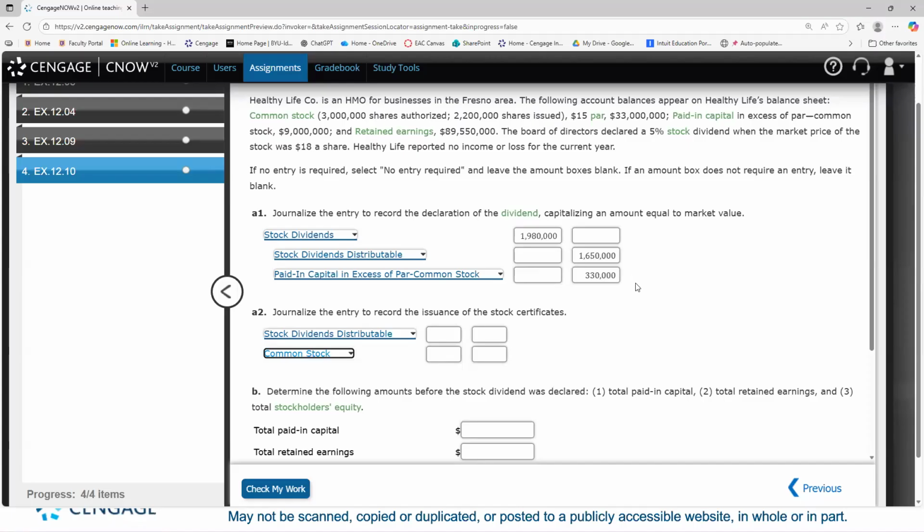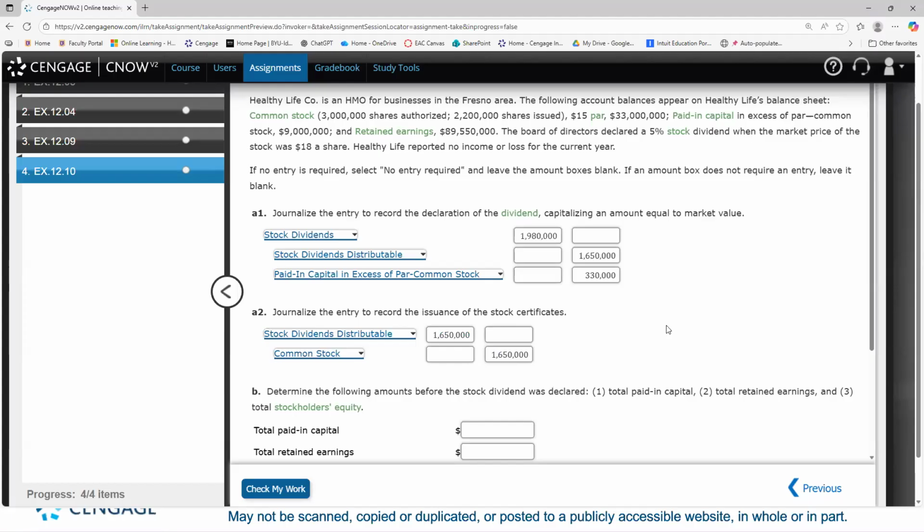In essence, we're taking the stock dividend distributable account back down to zero by debiting it by the same amount as we credited it earlier. This has the overall effect of increasing our common stock account by 1,650,000 and increasing our paid in capital in excess of par by 330,000.